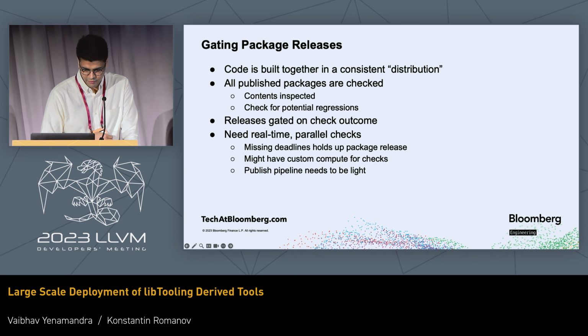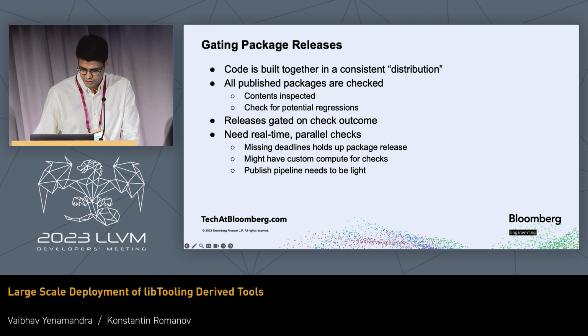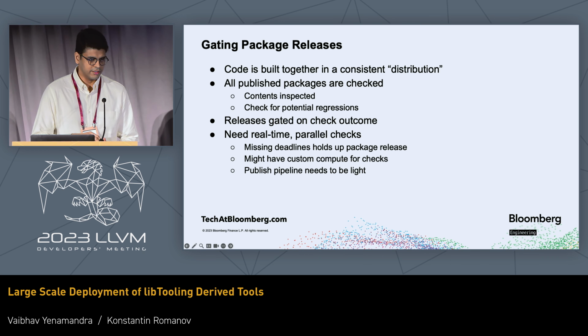And when you publish packages, they all must pass mandatory checks. Before they're considered released, they must pass the checks, obviously. These checks can either be on the contents of the package itself, or some condition on the entire reverse dependency graph. For example, potential regressions that might happen if you release a package.